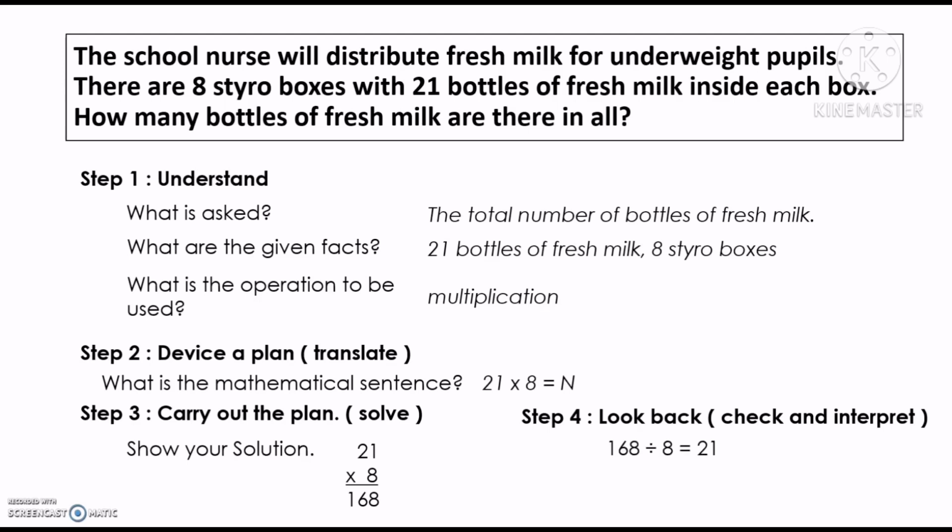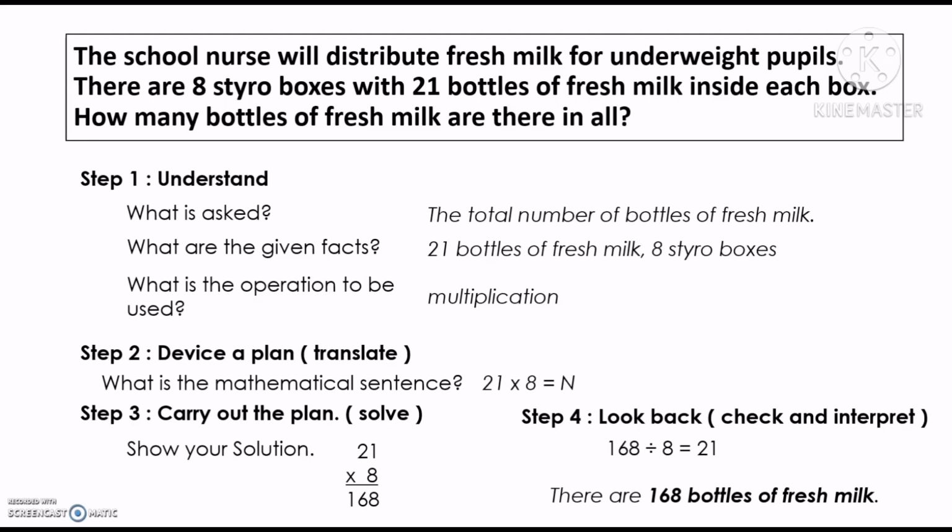So you have 168 divided by 8 is equal to 21. Therefore, our answer is correct. It is our multiplicand 21. Now, from what is asked, the total number of bottles of fresh milk is 168. Do you know already how to get it?